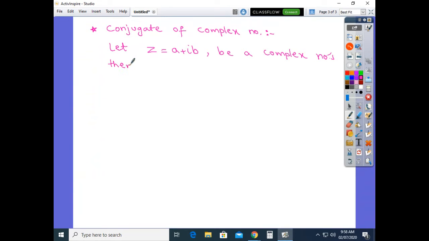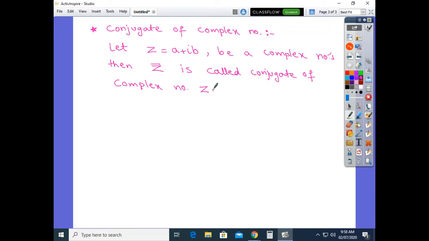Then z bar is called the conjugate of the complex number z. Z bar is the conjugate of complex number z.